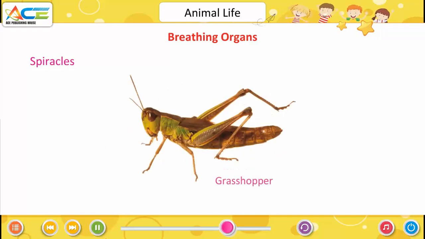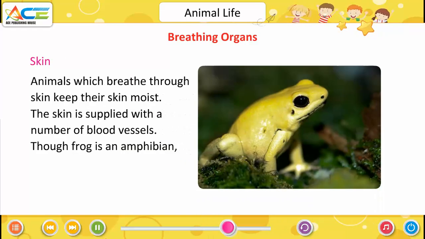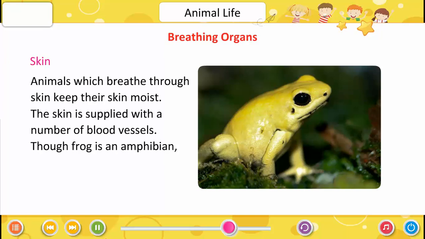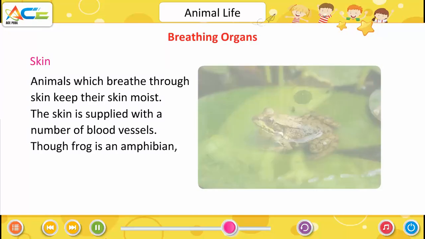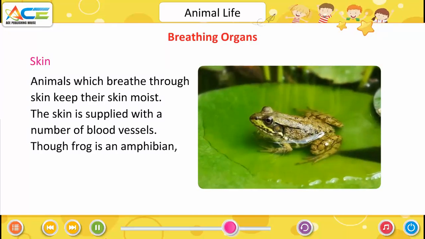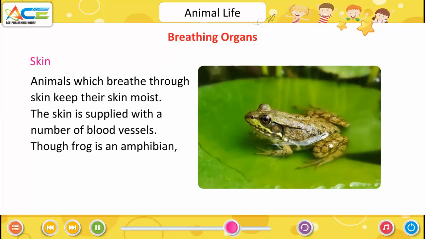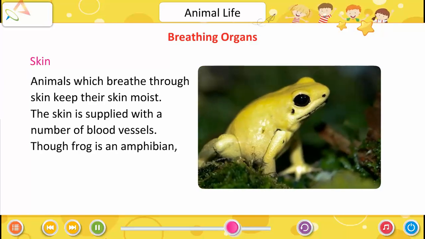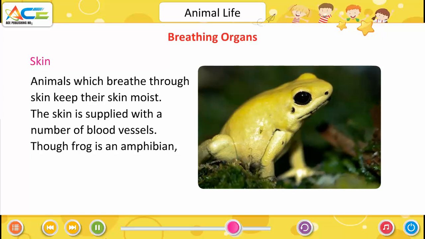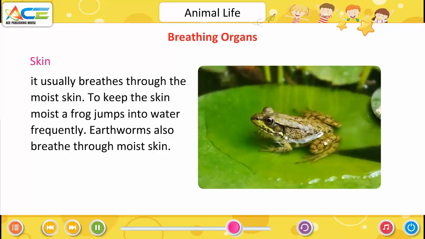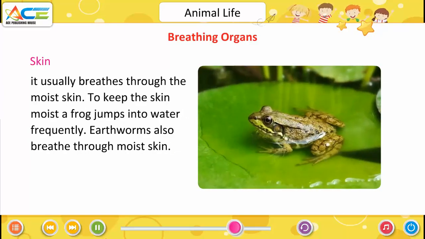Skin. Animals which breathe through skin keep their skin moist. The skin is supplied with a number of blood vessels. Though a frog is an amphibian, it usually breathes through its moist skin.